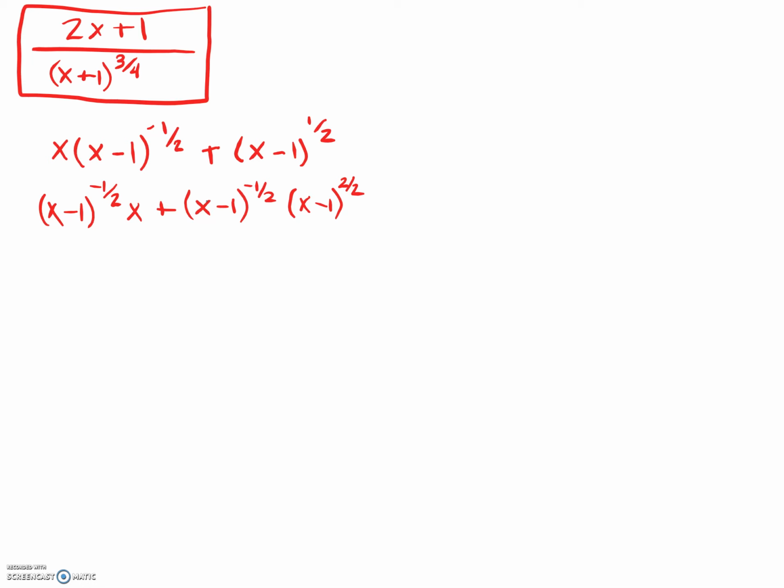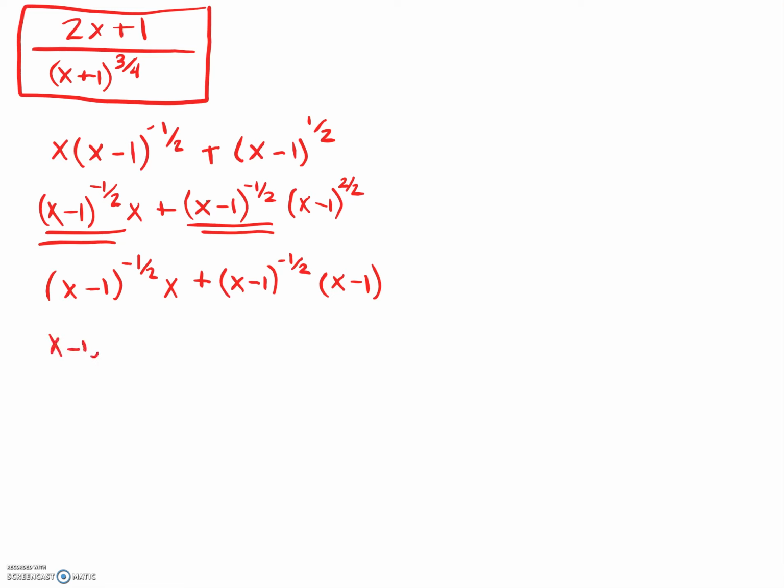Now we can take this, and we've got the greatest common factor in both. We have x minus 1 to the negative 1/2 times x plus, same thing. Now that's the first, so this is just x minus 1. When we simplify that, we get x minus 1 to the negative 1/2. Now by grouping, times x, this x, plus this other term, x minus 1.